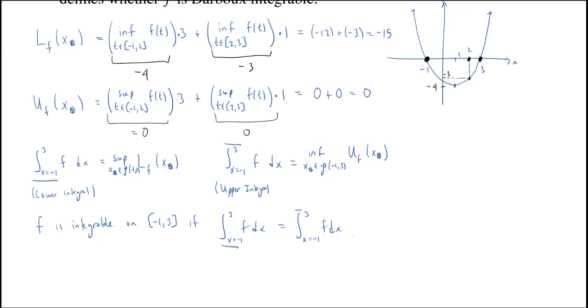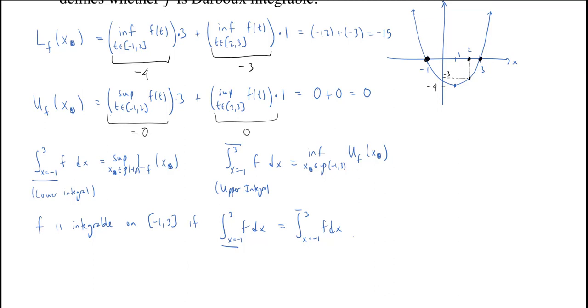And of course, in practice, we don't usually show this directly. Instead, we'll use the integrability criterion. The integrability criterion tells us, let's not try to make them equal, right? Like don't pull a hamstring or something. Let's just try to get them really, really close, no matter how close you want.